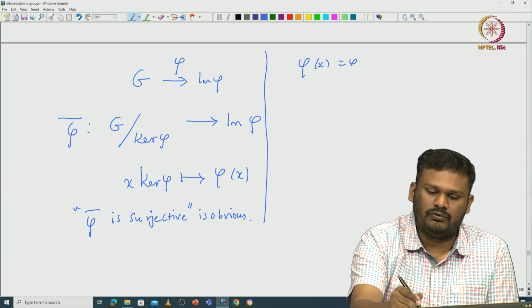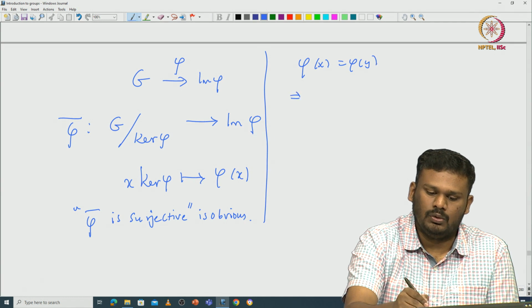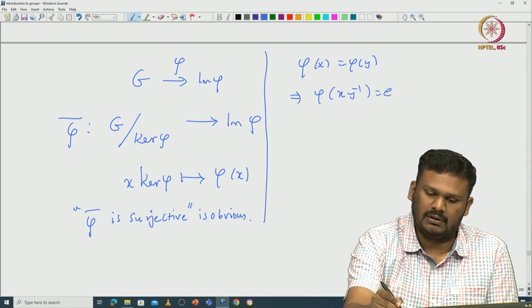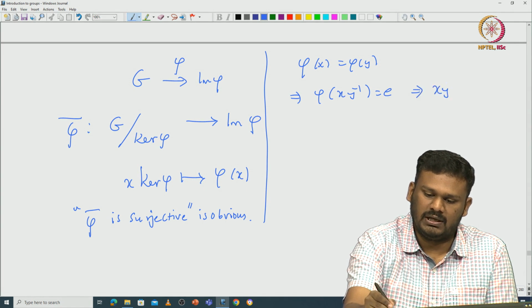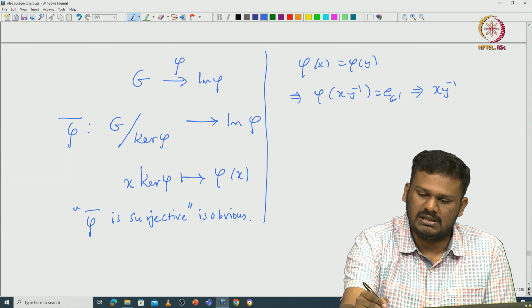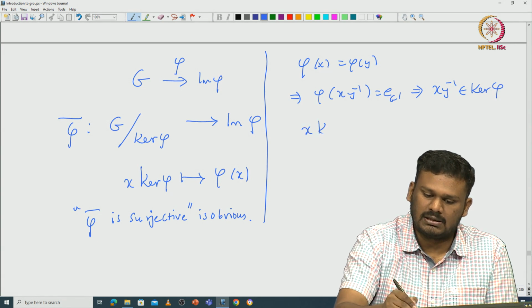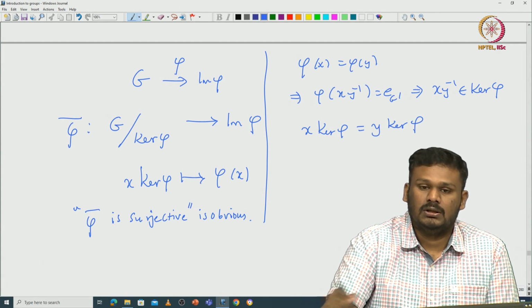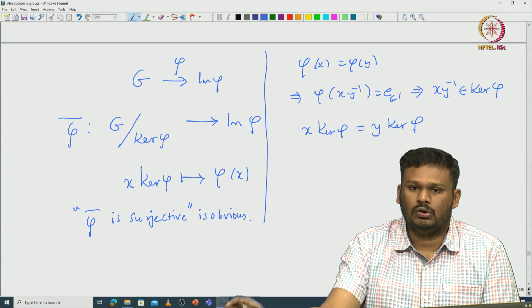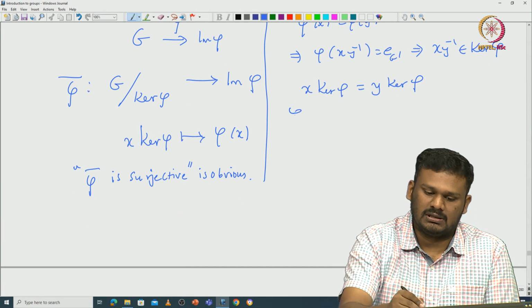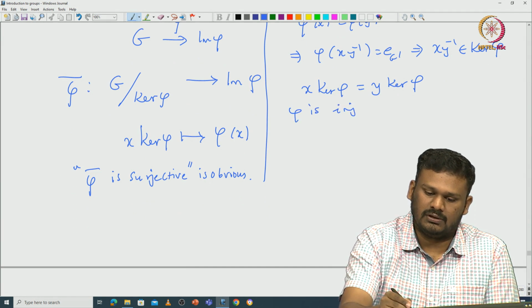Look at phi of x equal to phi of y, then you immediately get phi of xy inverse is exactly identity. That implies that xy inverse is inside the kernel of phi. So that means x kernel phi is the same as y kernel phi. That is what we wanted to prove for injectivity. So that means phi bar is injective.